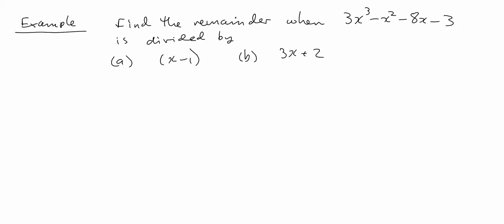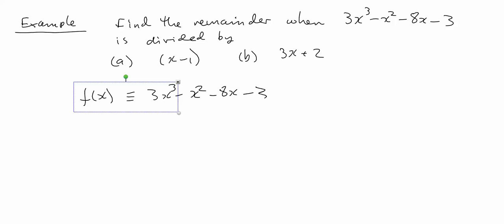Here's an example. Find the remainder when 3x cubed minus x squared minus 8x minus 3 is divided by first x minus 1 and second 3x plus 2. So our function f of x, our polynomial, is 3x cubed minus x squared minus 8x minus 3.